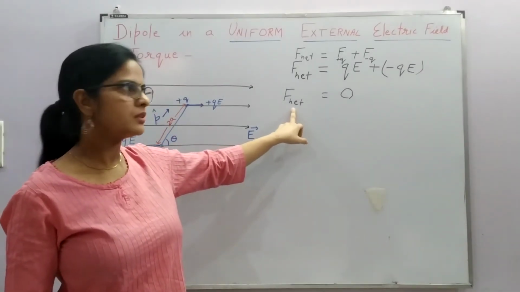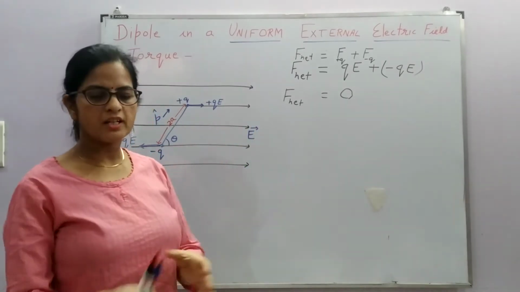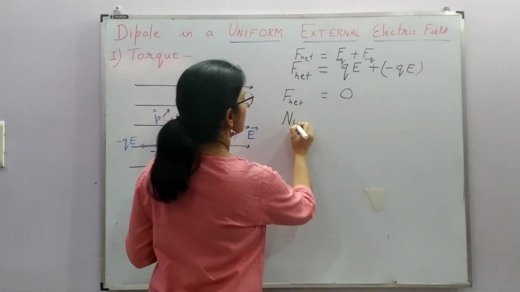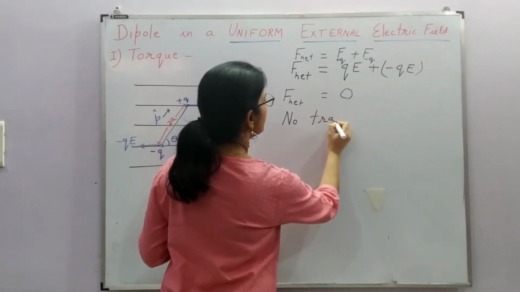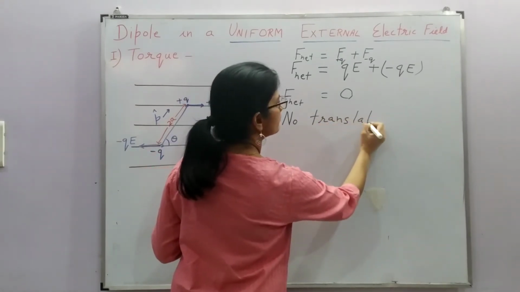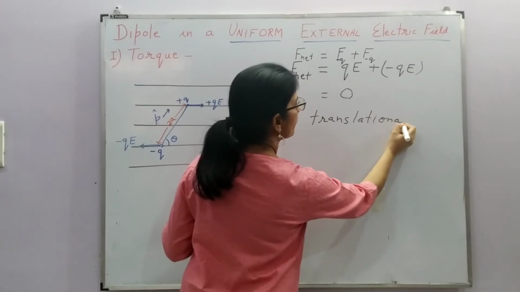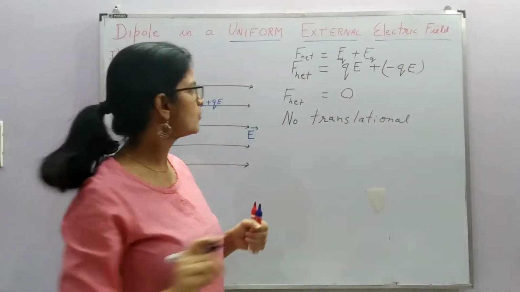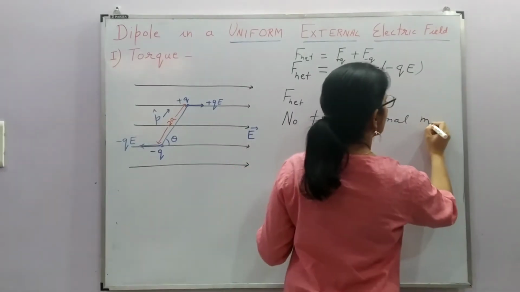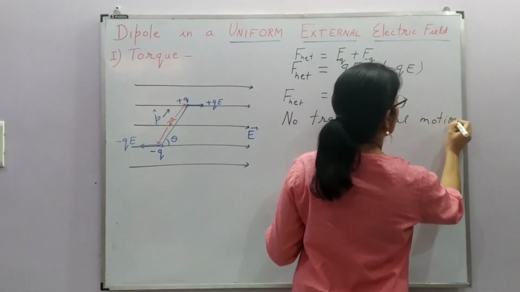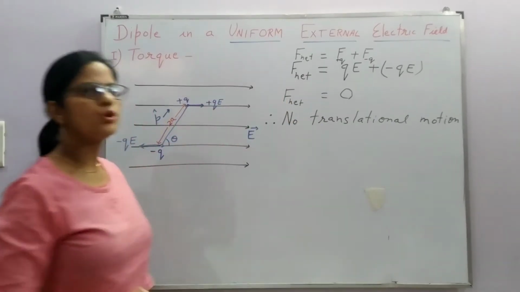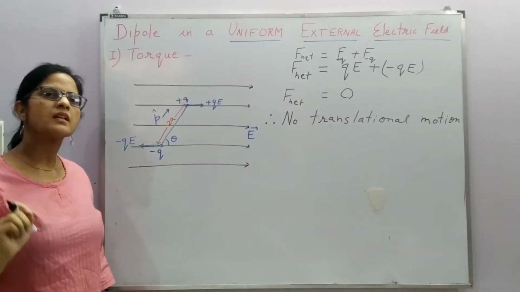That means there will be no translational motion of this dipole. What is translational motion? You can consider it as linear motion. No translational motion. Why is this result there? Because there is no net force acting on this dipole.